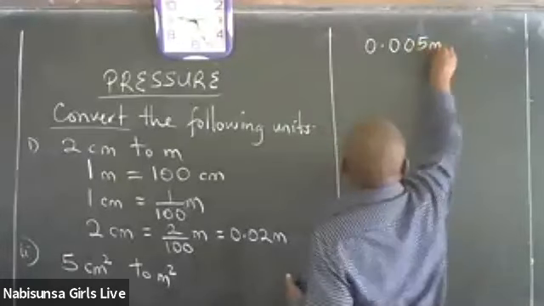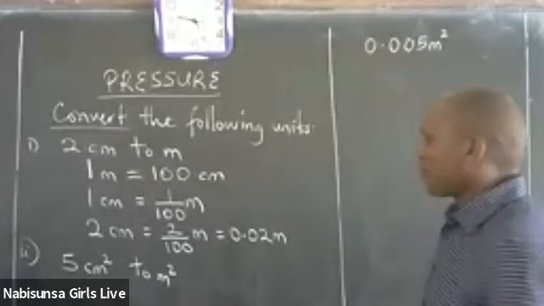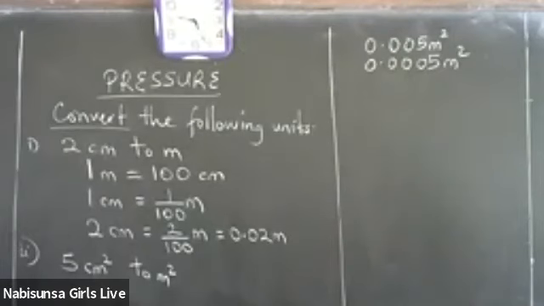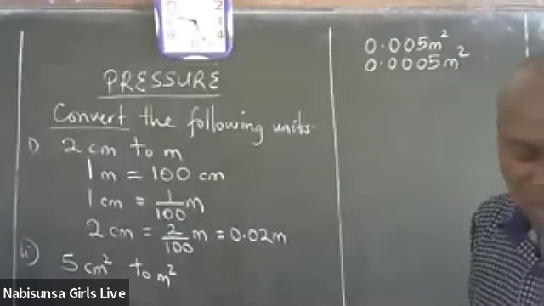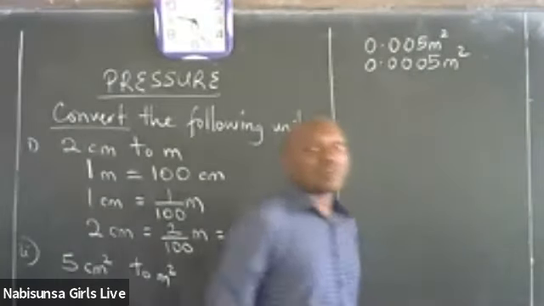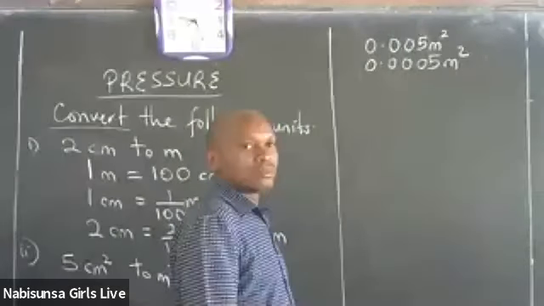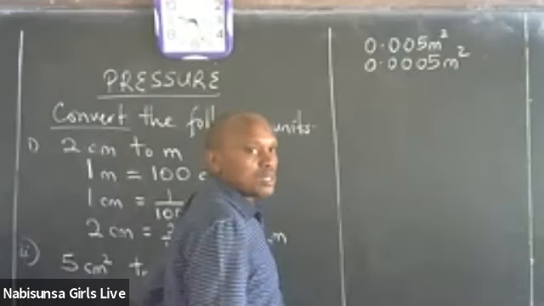No, take 3 zeros. Do people agree with that answer? Okay, let us convert as a class. After converting, we shall check which one is the correct answer. Which one have you got? Listen.